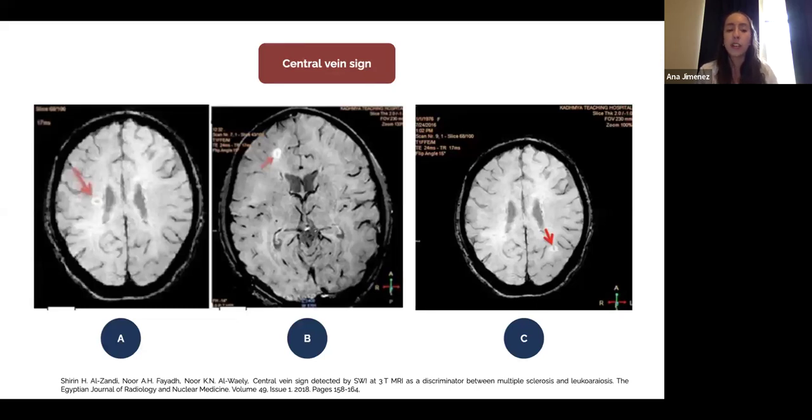So on the image on A and B, you can see that demyelinating causes such as multiple sclerosis produce a central vein sign, which means that the vein, which is a hypointense part of the lesion, runs parallel to the long axis of the lesion, which we can see in both figures. While causes such as small vessel ischemic chronic disease produce a vein that runs perpendicular to the long axis of the lesion.